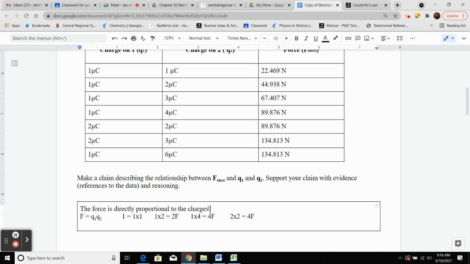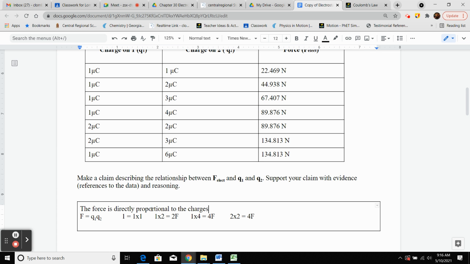Could we say something even further? Could we make this a little bit better? Not just proportional to the charges, but proportional to the force. What is the word? If you add things, it's the sum. If you subtract things, it's the difference. What is it called when you multiply two things? Yeah, the product.